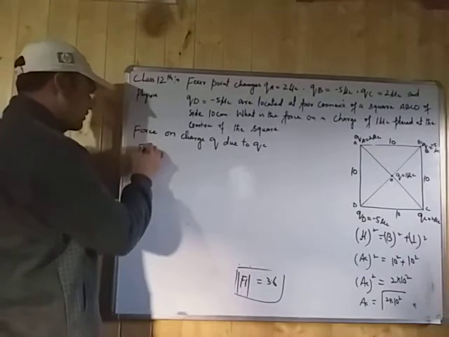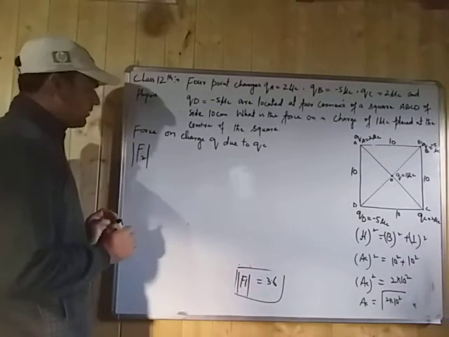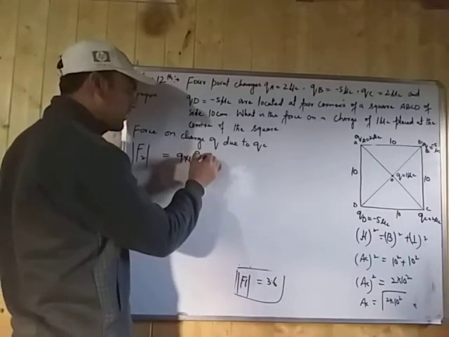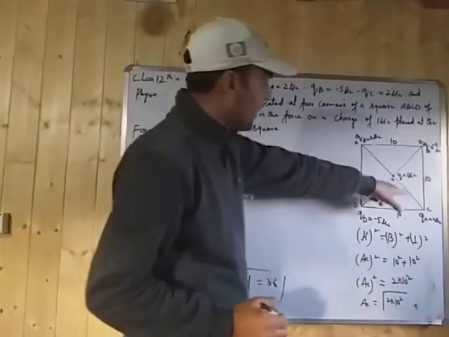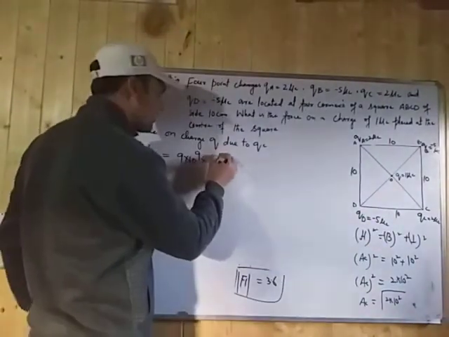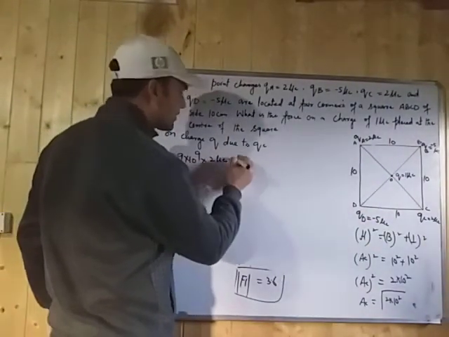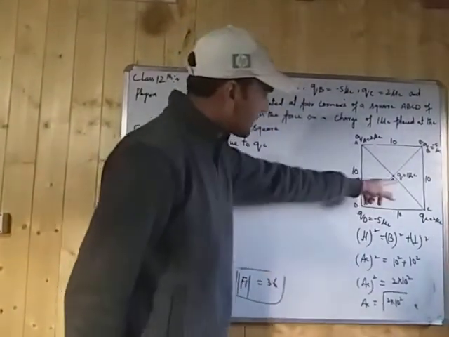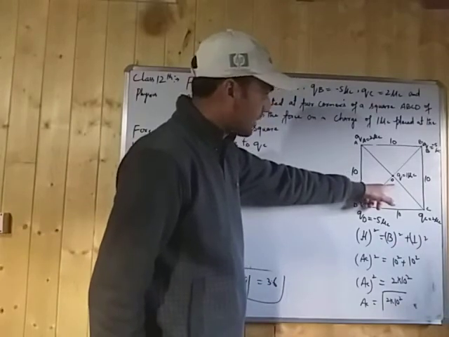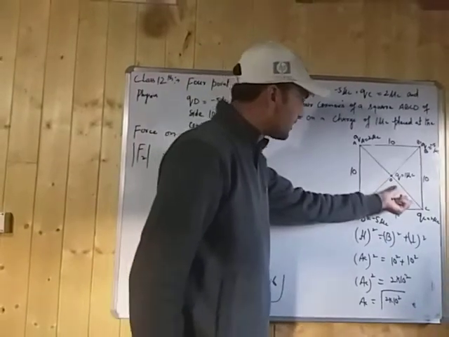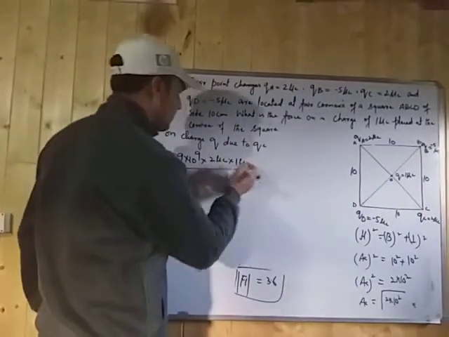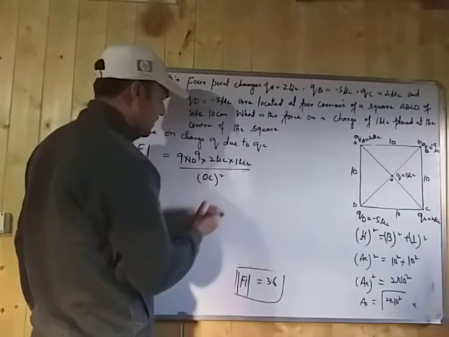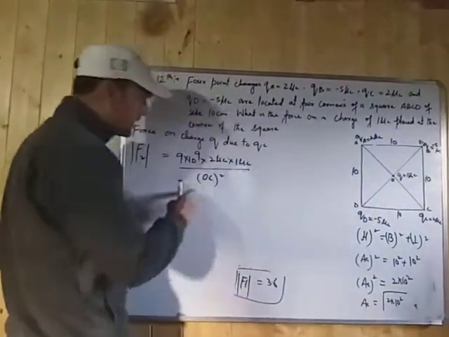So the magnitude of force, here it will be F2, is equal to 9 into 10 raised to power 9 into Q1, here 2 microcoulombs, into 1 microcoulomb, divided by the square of the distance. Here it is the center of the square. OA is equal to OC. So the distance is OC, and OC is equal to OA.